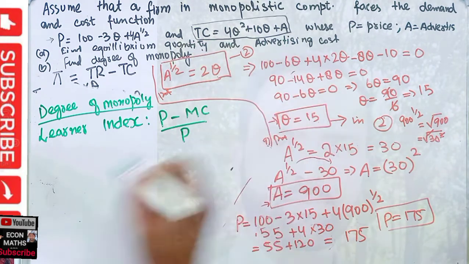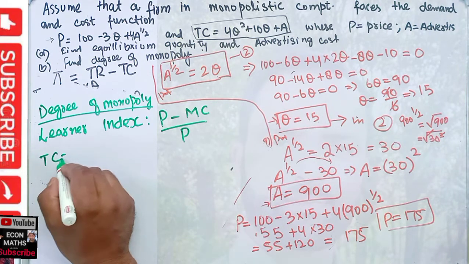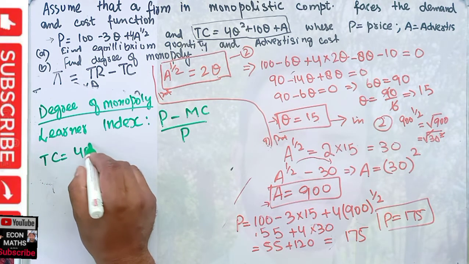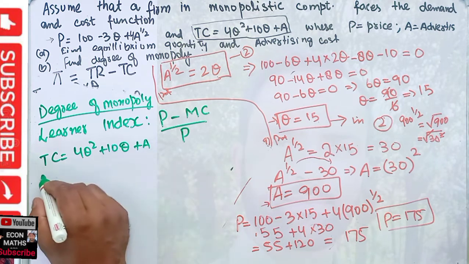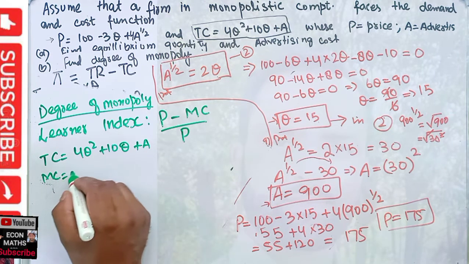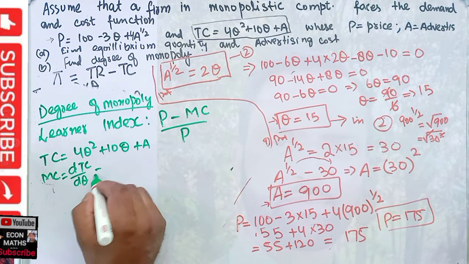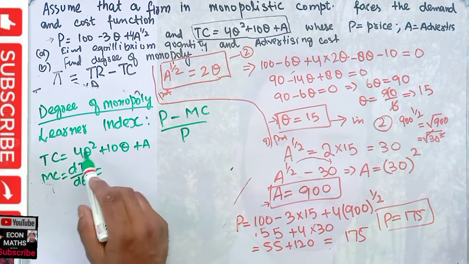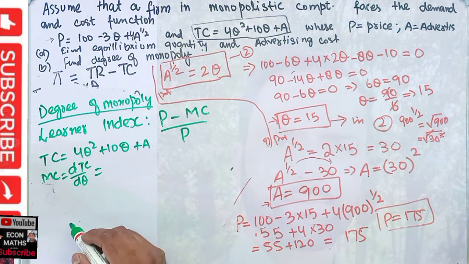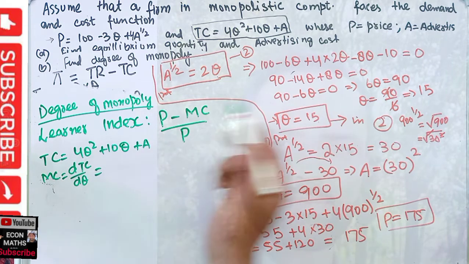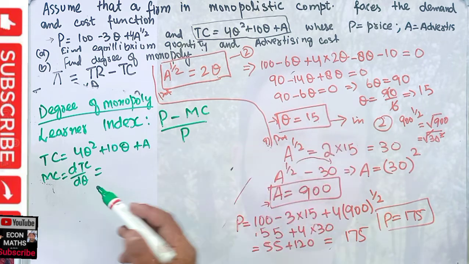Our total cost is given as 4q squared plus 10q plus a. Marginal cost is simply the derivative of total cost with respect to quantity. So differentiating this total cost with respect to q, the power 2 will become the coefficient, as I will show you by the power function rule.